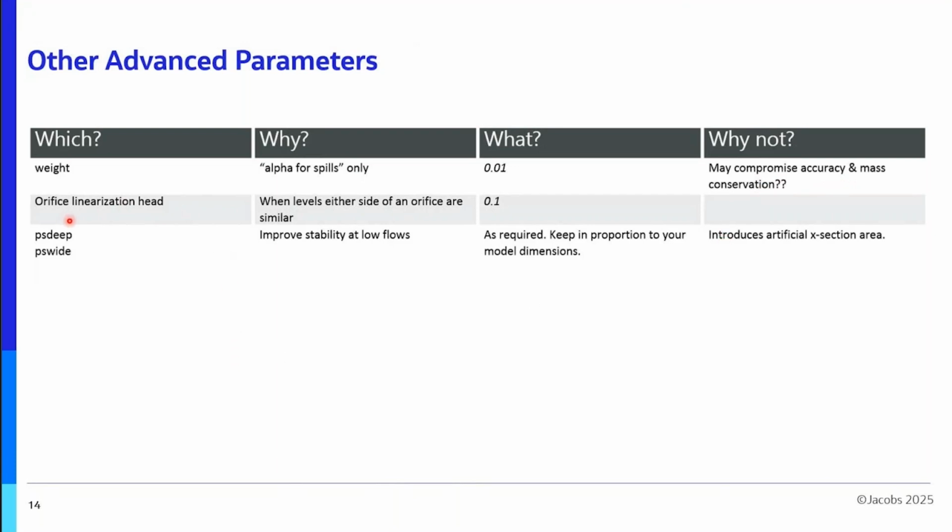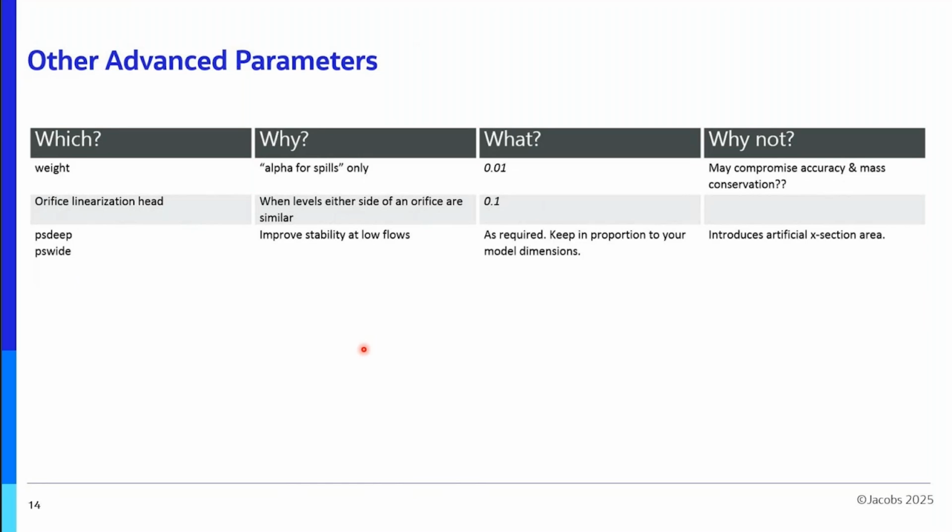There is another parameter called the orifice linearisation head, which you might want to tweak if you have some instabilities associated with levels on either side of an orifice unit being very close to each other. It's expressed in meters, and the recommended value if you have stability issues is 0.1.